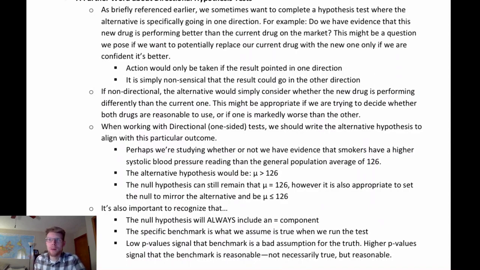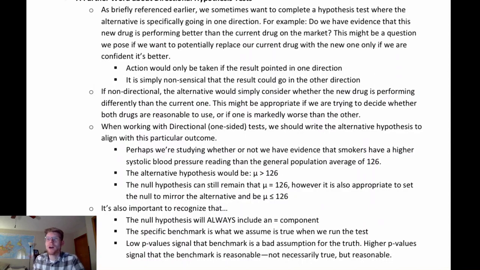Notice here the null hypothesis always has that equals component. That equals component accompanies the null. The alternative does not have an equals component. The alternative has to either be not equals, or it has to be only a greater than or a less than sign. So just keep that in mind.